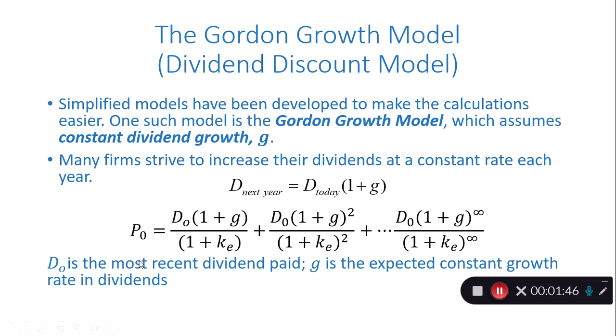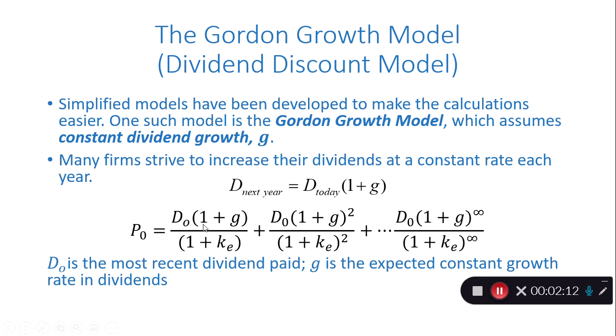So if you have D0, the most recent dividend paid from the latest report, what is the dividend that they just paid? In the next period, you expect this amount to grow by g, right?